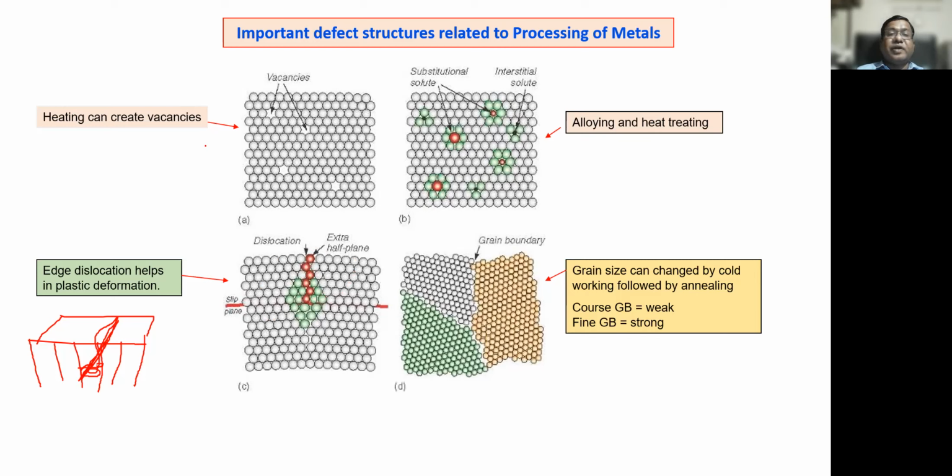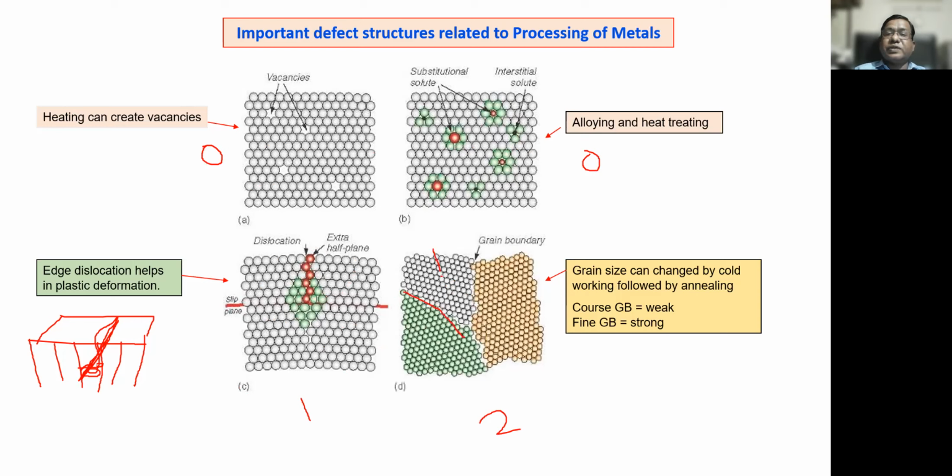So vacancy is zero-dimensional. This is a one-dimensional defect, and this is a two-dimensional surface defect: grain boundaries. Within a grain, the structure is like a single crystal. The difference between one grain and another grain is basically orientation.